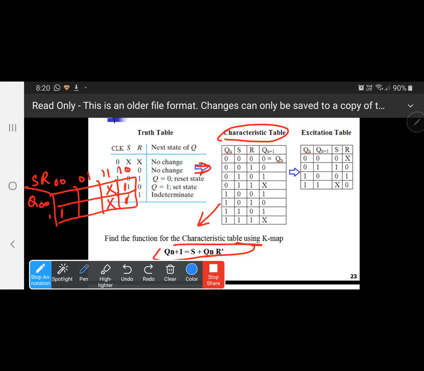So pairing. Q(t+1) is equal to S plus, this pair with this, it will be Q naught, and from here it will become R bar. It's clear?